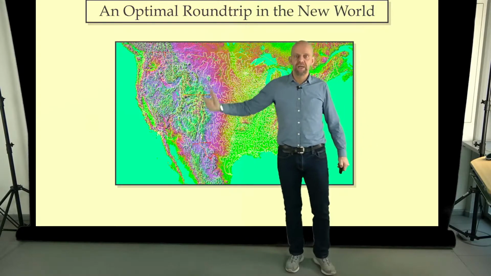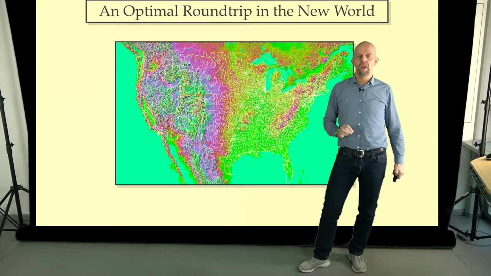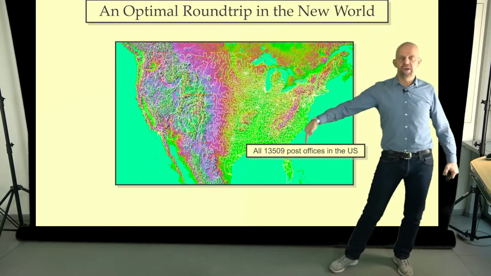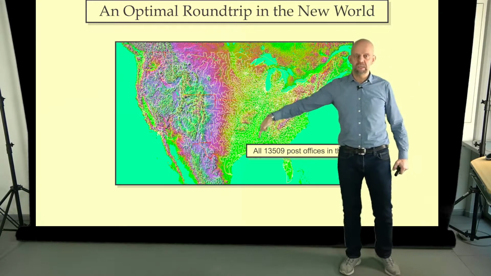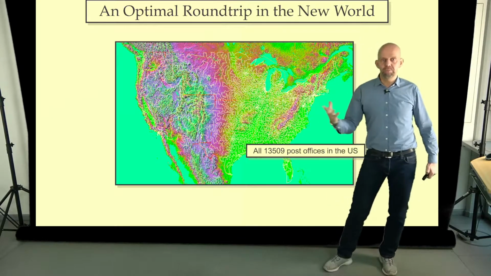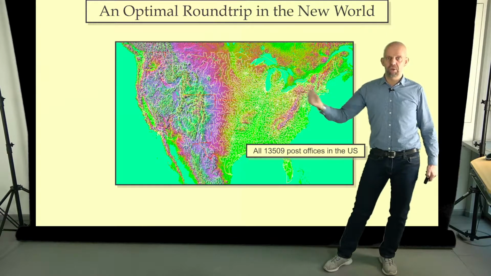And what is actually lined out here is a round trip of all the post offices in the US. 13,509 post offices in the US, at least what they were at some point. And it's not just some tour, it is the optimal tour for 13,509 locations.